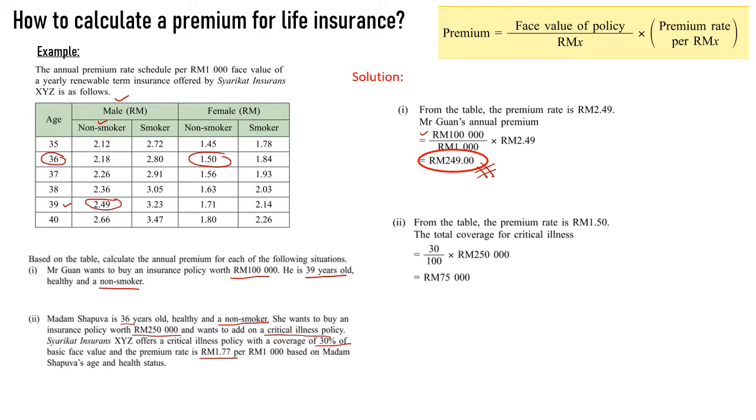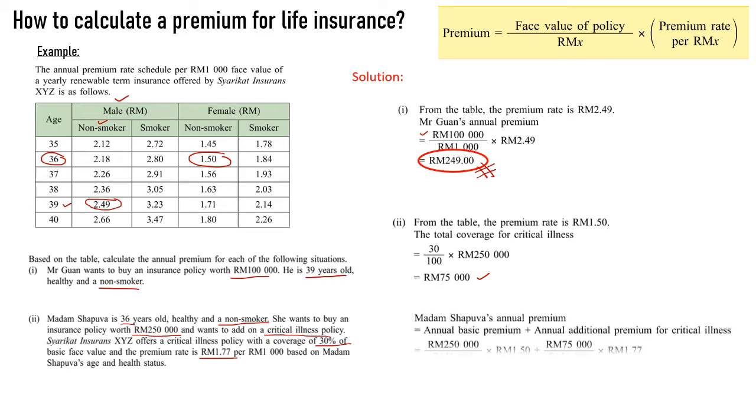So we just use 30 over 100, which is 30% of 250,000 ringgit Malaysia. So we will find out that the critical illness insurance is 75,000.